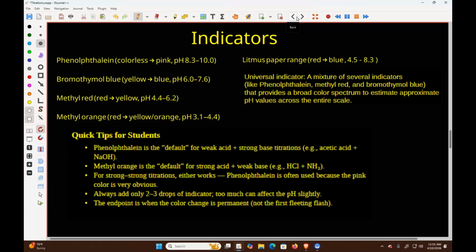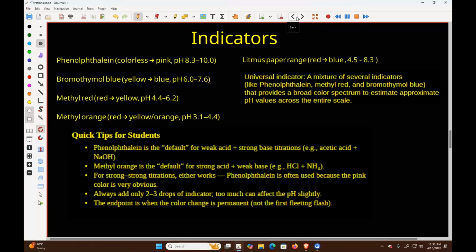Methyl red, methyl orange. A lot of people like litmus paper, but litmus paper is more difficult to use, and I prefer some of the other ones. Universal indicator is a mixture of several indicators, and it's pretty good if you want a close approximation of what the pH is using a color chart.